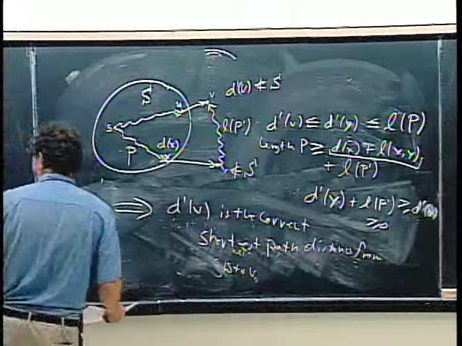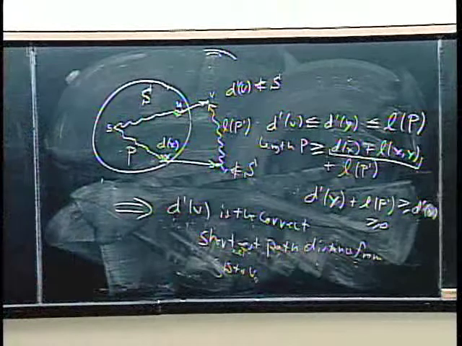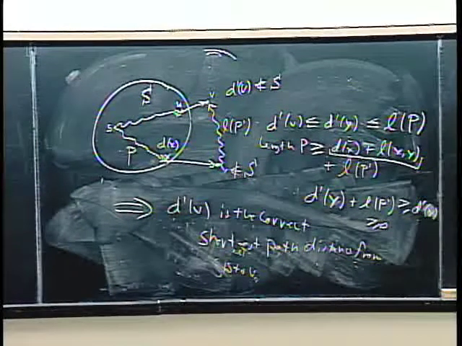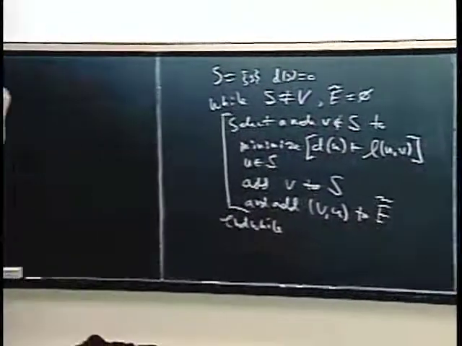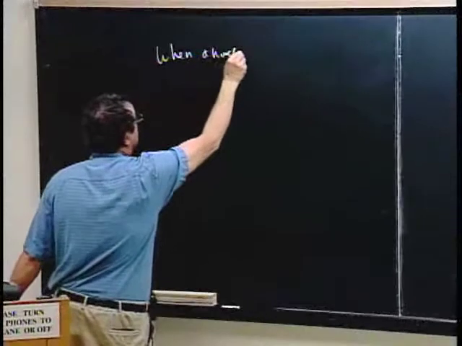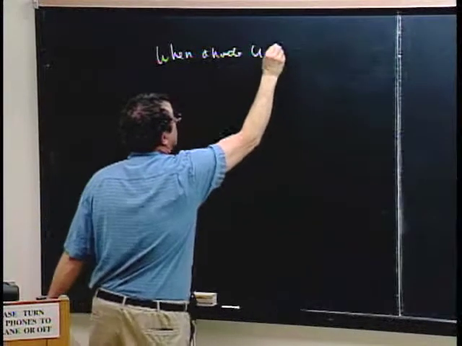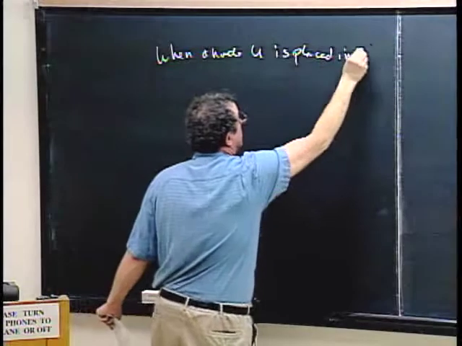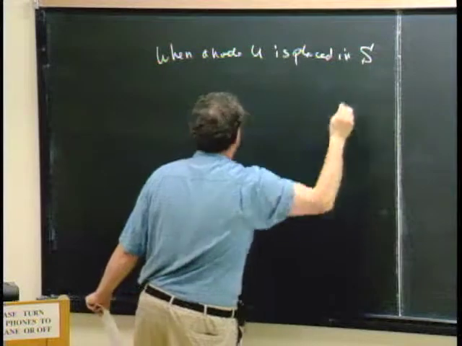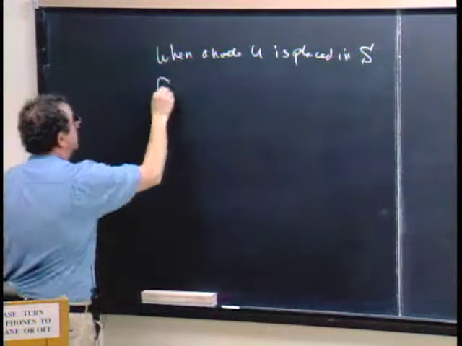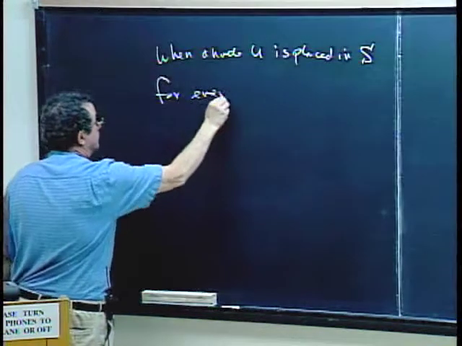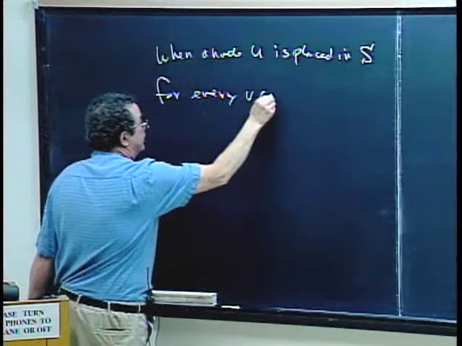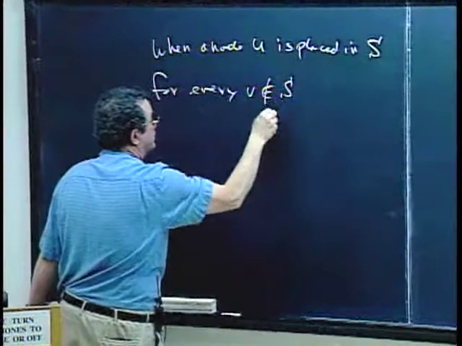So when a node, let's call it U, is placed in capital S, we have to do an updating for every V that's not yet in capital S.